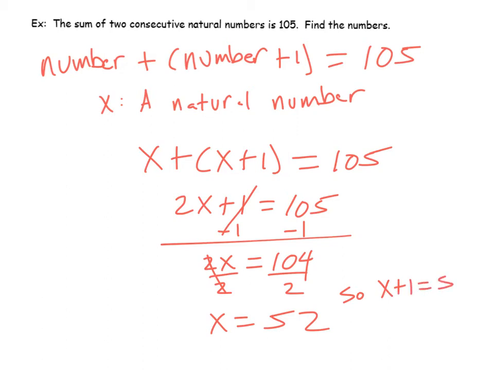So the 2 consecutive numbers I'm looking for are 52 and 53. Go add those two together, and sure enough, 52 and 53 add up to 105, and they are consecutive whole numbers.